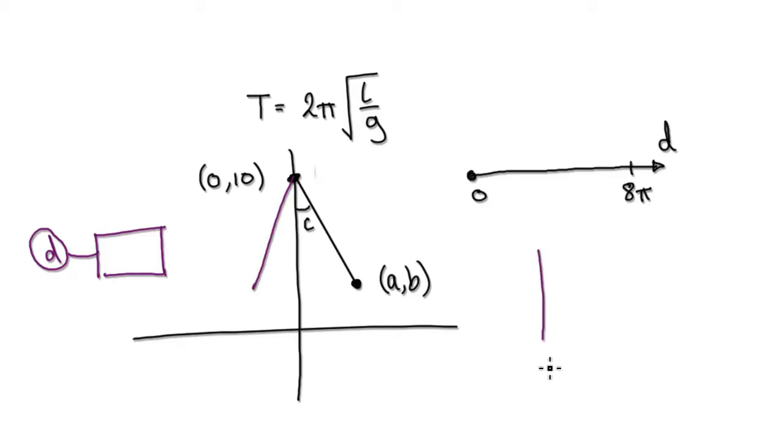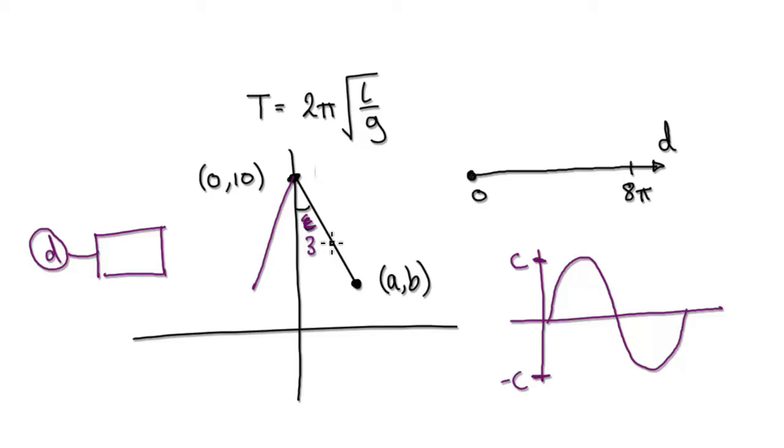So this is what we're going to do. Because we want the particle to swing between C and negative C, well, to simulate something that's oscillating, you should think about the sine graph or the cos graph. Let's use a sine graph. So this is C here, and down here is negative C. That's just like us imagining C to be 37, and so this here is like 37, and this here is like minus 37.